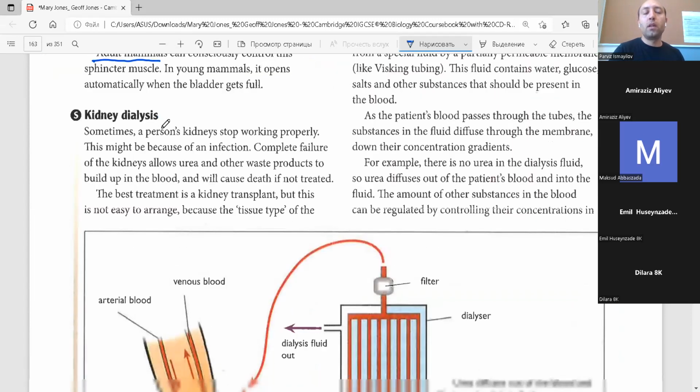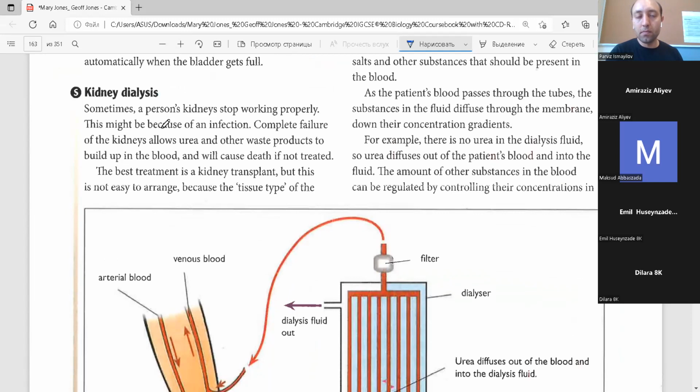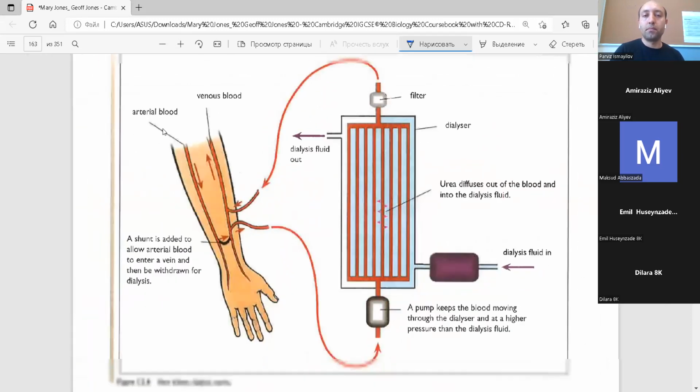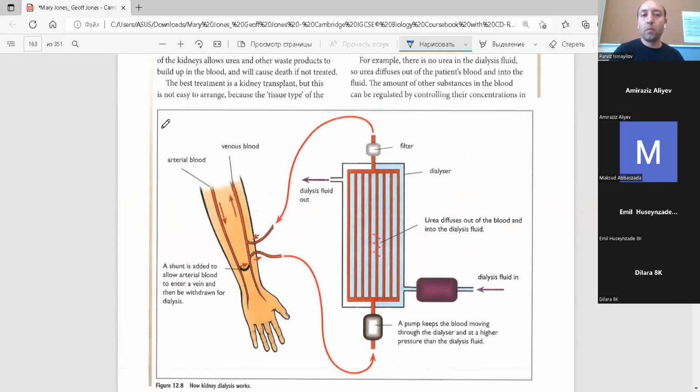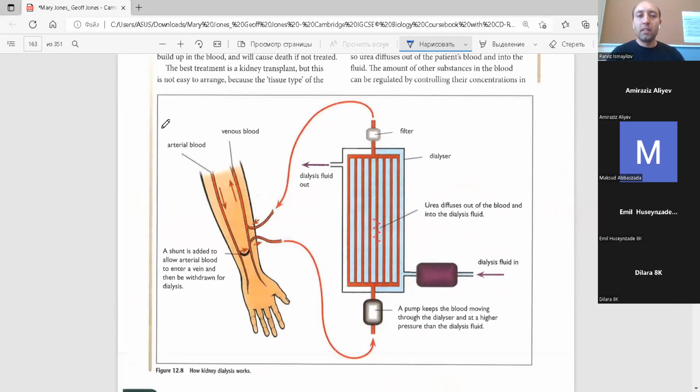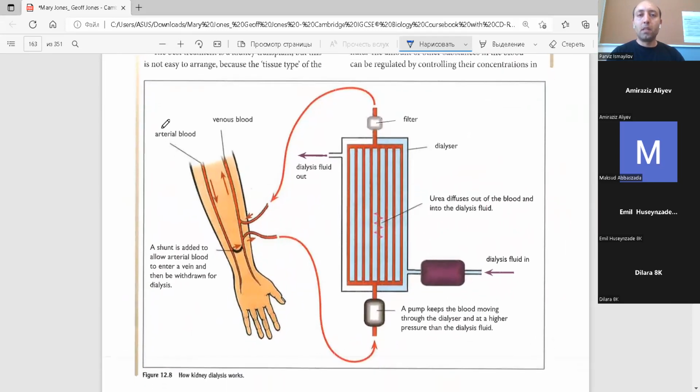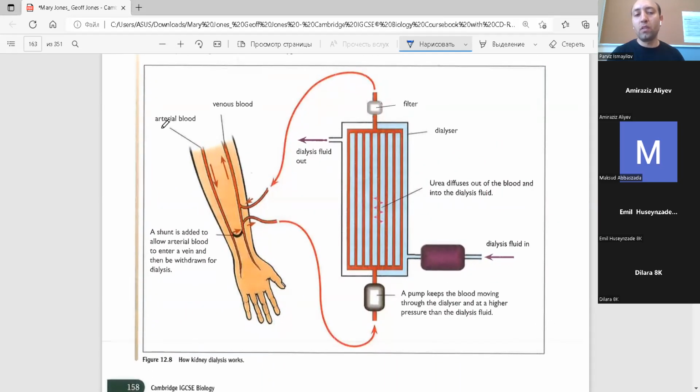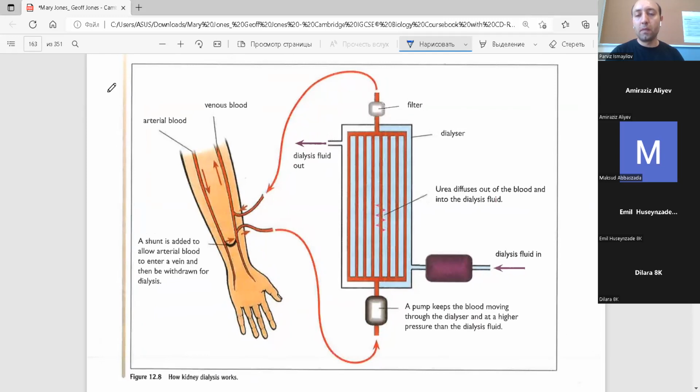Now we are going to talk about kidney dialysis. I will give you information on how this mechanism works. Firstly, guys, you must know that there are some diseases or problems which affect kidney structure or the functioning of the kidney.